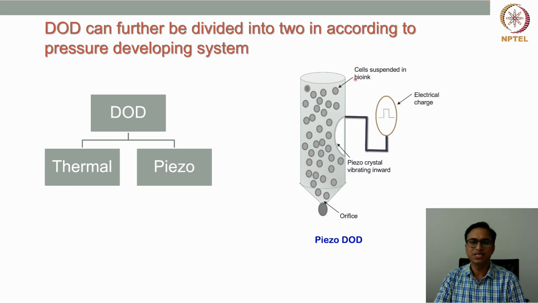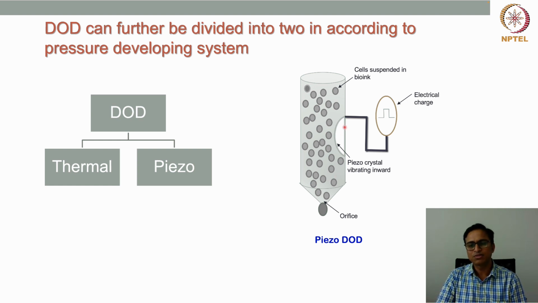As you can see here, the cells can be suspended within the liquid, the media or buffer, and the droplets can be generated from this, where the cells can also be there within these generated droplets.